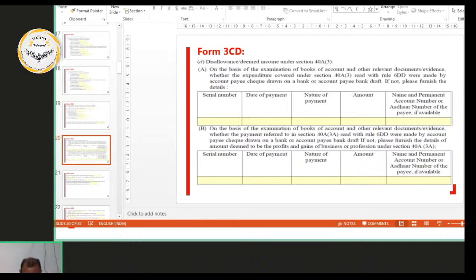Whatever provision you make as per AS 15 has to be disallowed. 40A7 allows only actual payments, or payment to a recognized fund, or provision towards an asset and liability.